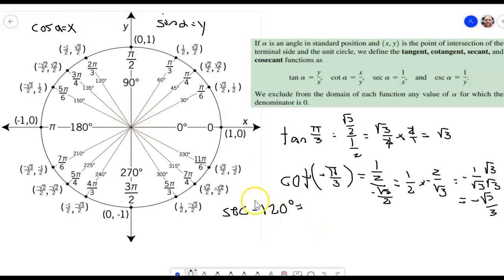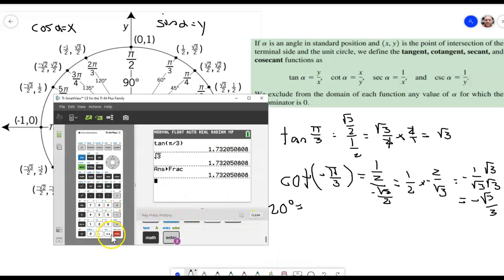With this one here, I want to go ahead and put this in standard position instead of trying to figure out where this is going to be. I can easily do that using coterminal angles. So negative 120, if I just add 360 to that, that'll be a coterminal angle because I'm just adding a full circle to it. So it's going to point in the same direction. So that's the same as 240.